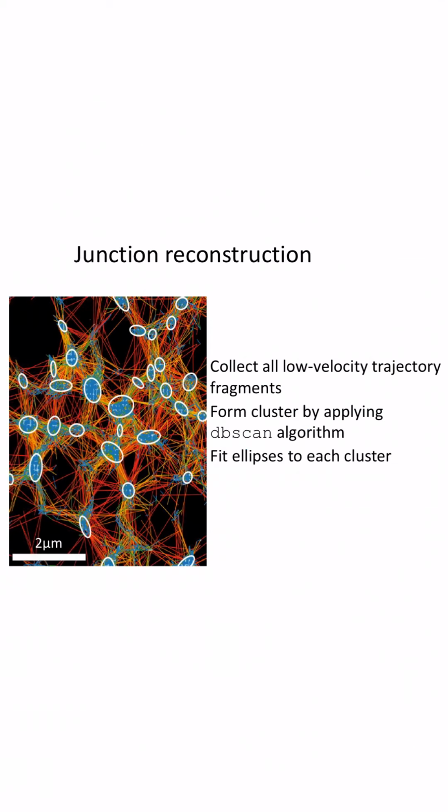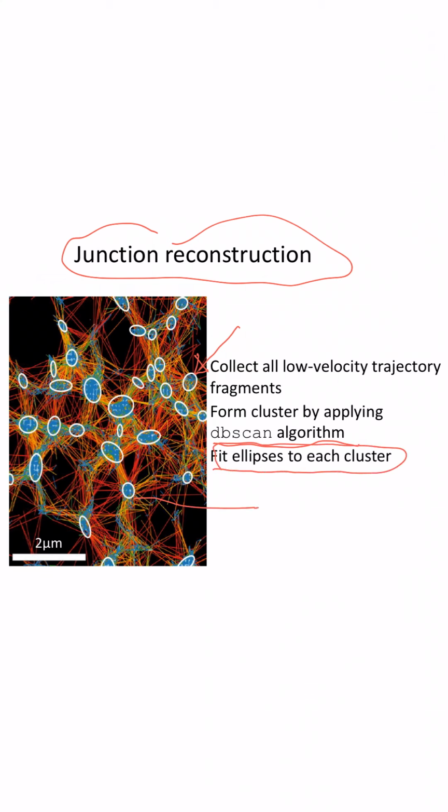So then, to better understand the nodes that we characterize here as junction, we applied an algorithm called the DBscan algorithm that clusters points that fall into a close proximity. And so we use this to label this region, and we fit them with ellipses that defined these clusters.